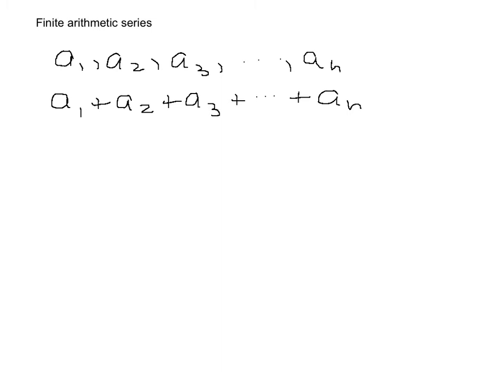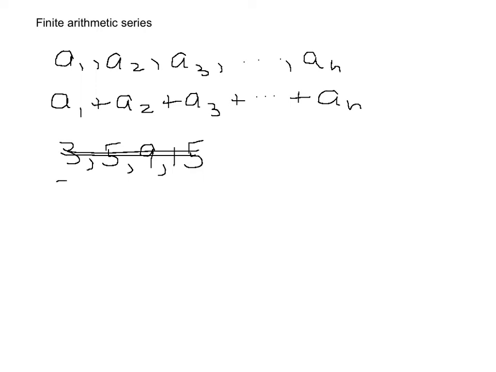Now, let's look at an example. Suppose we're looking at 3, 5, 9, 15. That's my finite. Well, hold on. Stop for a sec. That's not an arithmetic sequence.